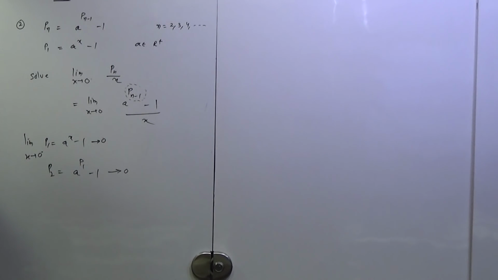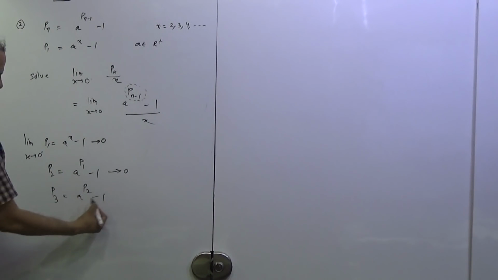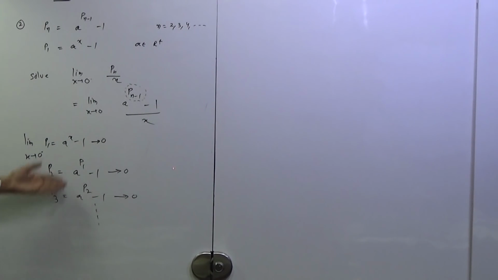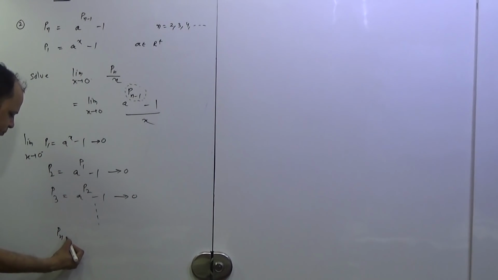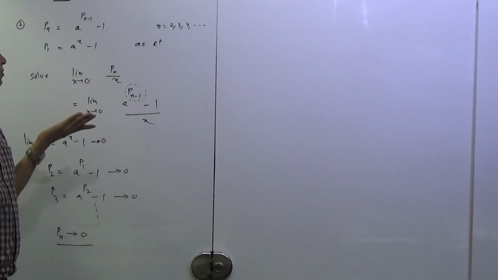Very good. Similarly, I can write P3 is equal to a raised to power P2 minus 1. P2 is approaching towards 0, a raised to power 0, so it is again approaching towards 0, and so on. It becomes a recurring relation actually. So you can prove Pn is also approaching towards 0. Now our first question was the same actually.